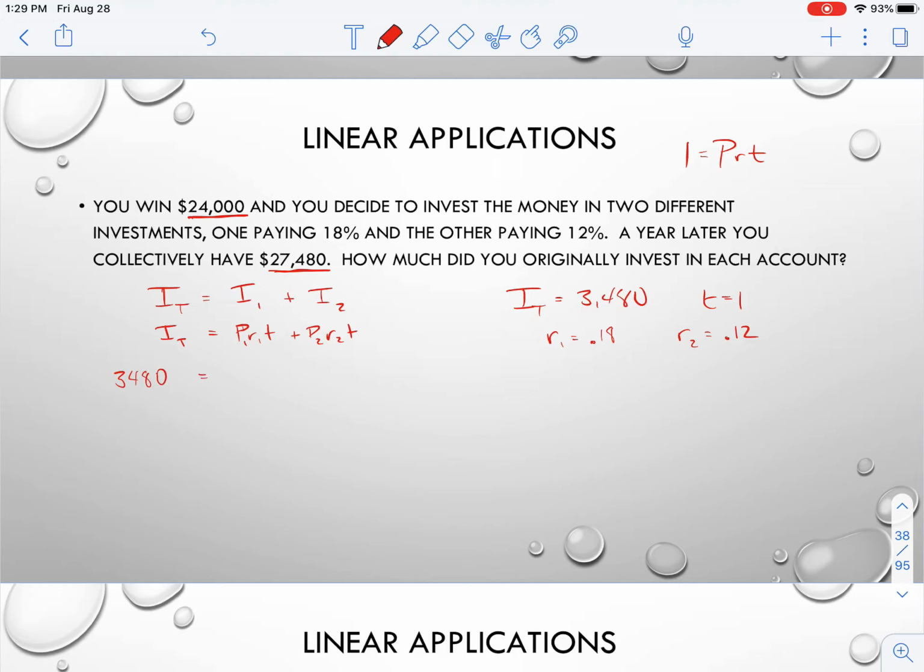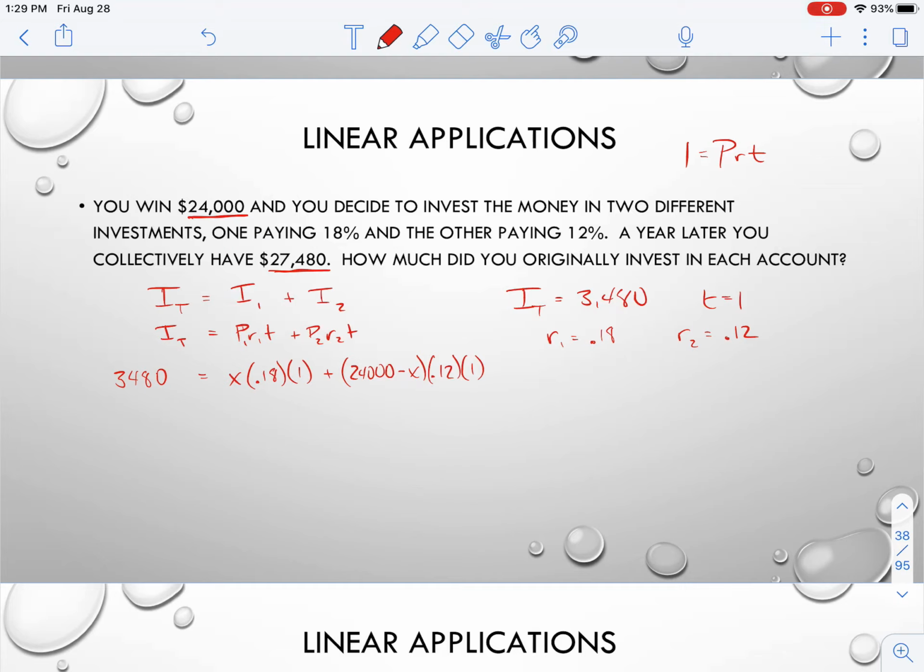$3,480 equals, we'll use X times 0.18 times an amount of 1 year plus 24,000 minus X times 0.12, again, times 1 year.